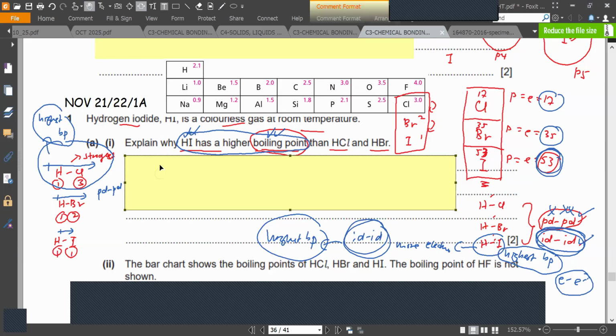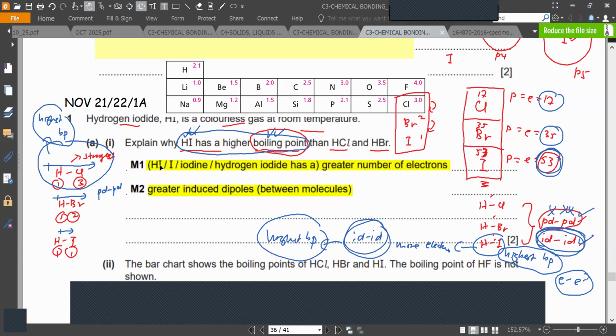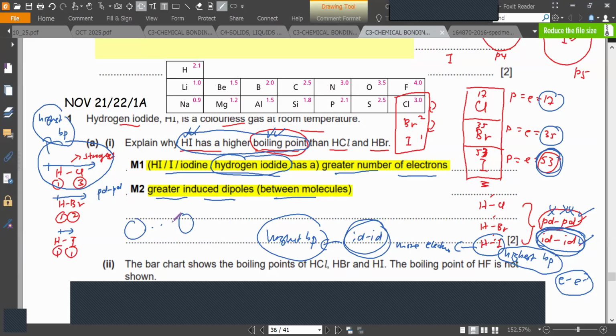So this is a very key point to understand. Because the iodide is having a greater number of electrons, it will have a greater induced dipole, so it will have stronger intermolecular forces. So it's going to have a higher boiling point.